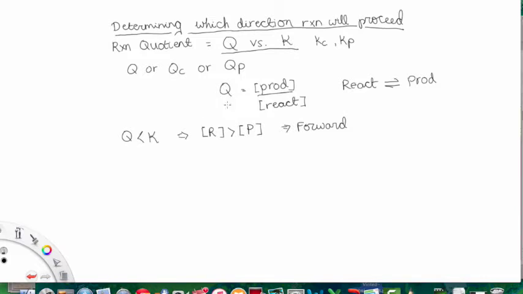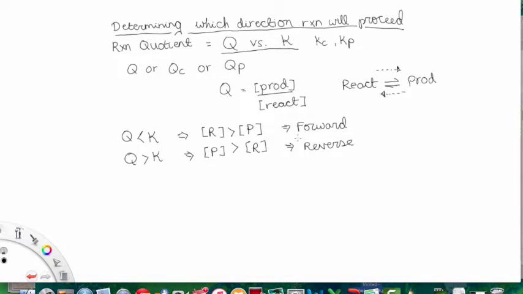Basically, if the concentration of the reactant is greater, equilibrium is going to shift to the right and it's going to be forward. On the other hand, if Q is greater than K, you guessed it, it's going to be the exact opposite. Products are going to be greater than reactants, meaning that you have more product, it's going to shift to the left, and it's going to favor the reverse reaction.